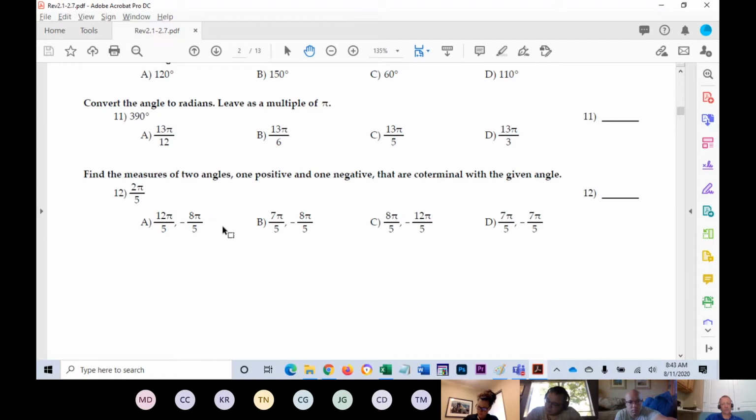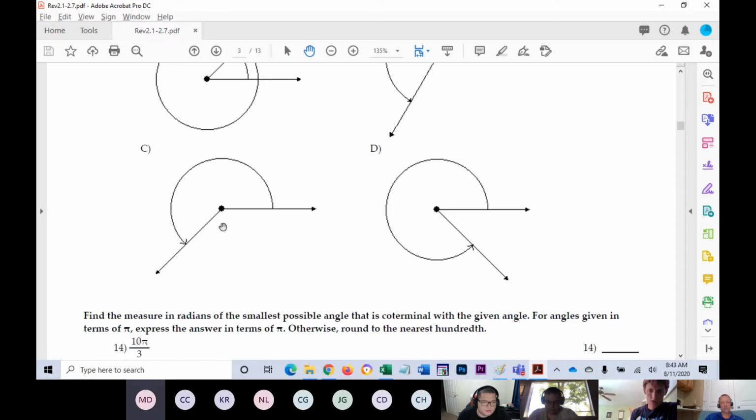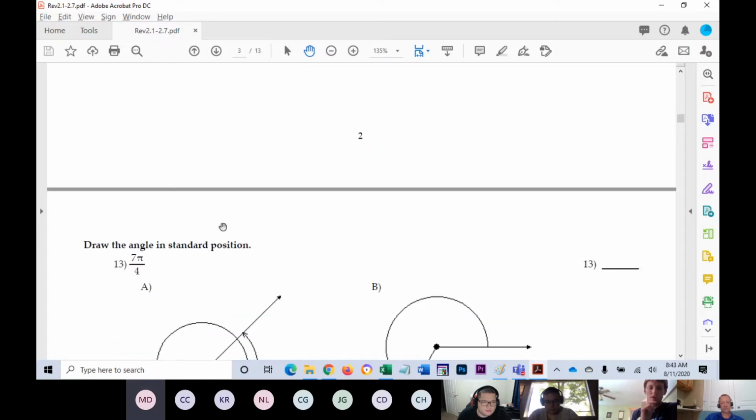Any others? If you don't mind doing another graphing one, do you want to do 50? 50.